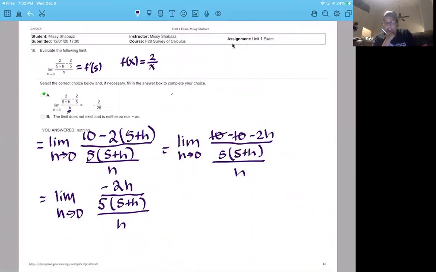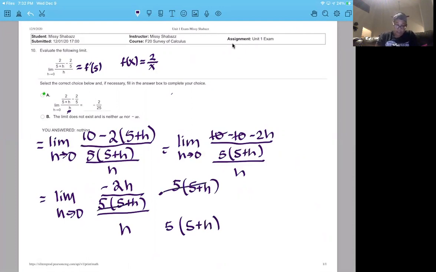Now, you can think of this as multiplying by the reciprocal of the denominator, where you would just multiply the top by 1 over h. Or you could think about it as multiplying the top and the bottom by the common denominator, which is 5 times 5 plus h. Either way, you're going to get the same thing. So if those cancel, you're going to get the limit as h goes to 0 of -2h over h times 5 plus h.